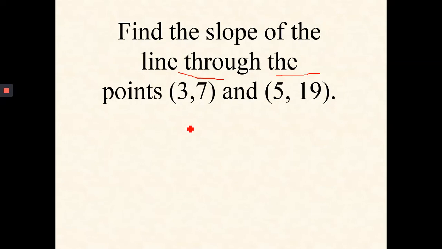Okay? Before applying the second formula, let us name the ordered pairs. So 3 as x sub 1, and then 7 as y sub 1, 5 as x sub 2, and 19 as y sub 2. So you need to remember the formula for slope.